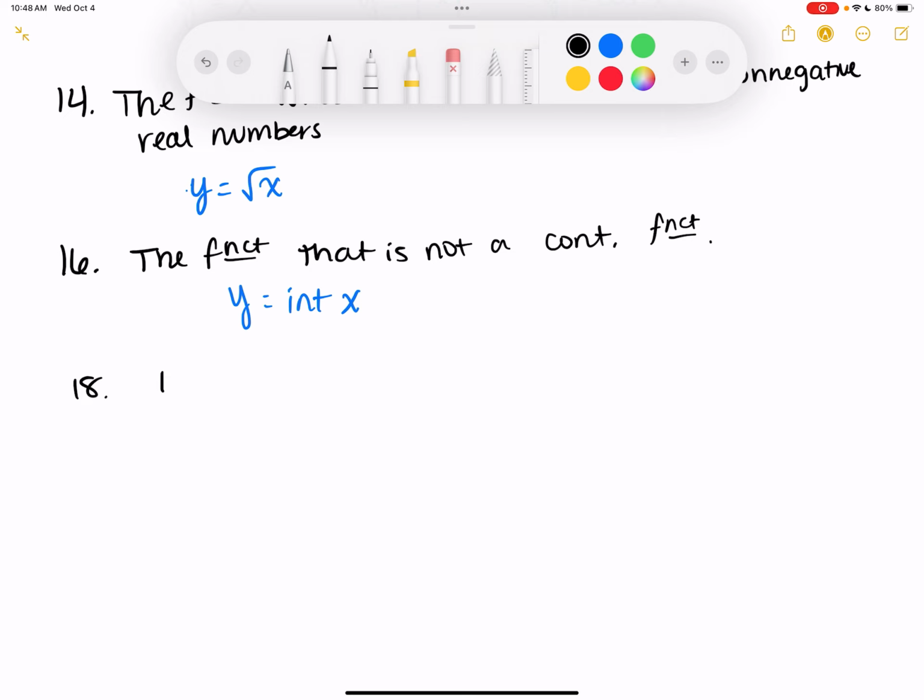18. The 4 functions that are bounded above. Do you have anything, Riley?